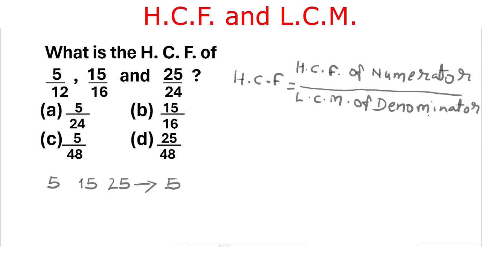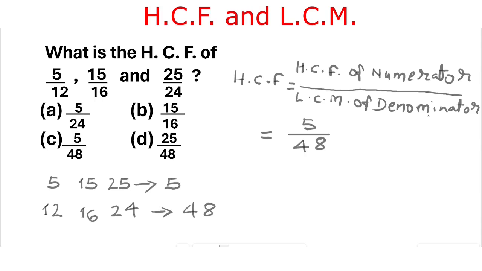Now we have to find the LCM of denominator. The denominator numbers are 12, 16 and 24. The LCM of 12, 16 and 24 is 48. Therefore, putting these values, the HCF of numerator is 5 upon LCM of denominator is 48.